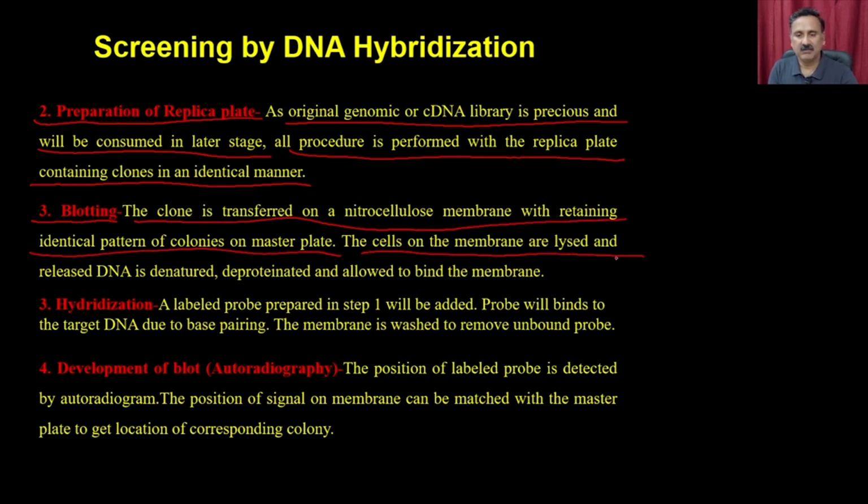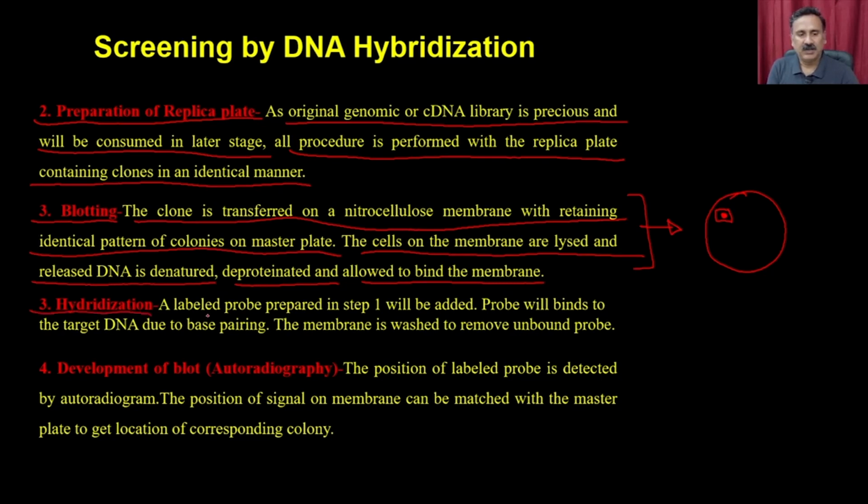The cells on the membrane are lysed, and the released DNA is denatured, deproteinated, and allowed to bind to the membrane. This step is very crucial and decides the success of your screening, because if you do this successfully, the cells are lysed and the DNA is immobilized at the site of that particular clone.